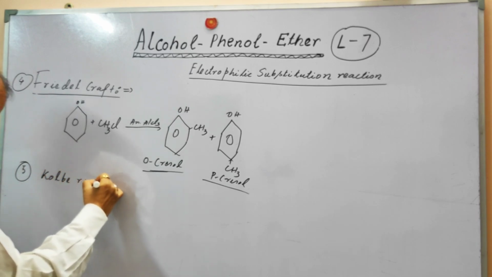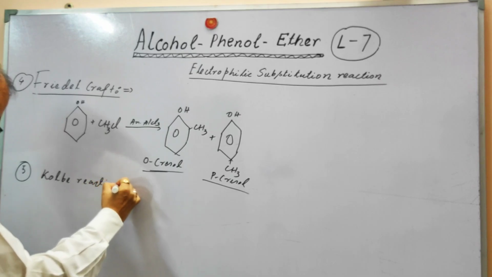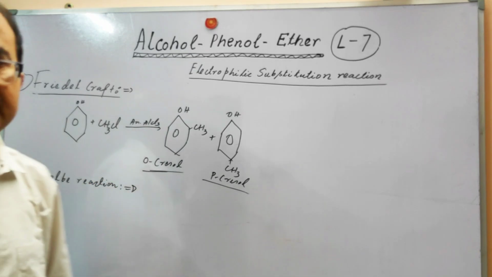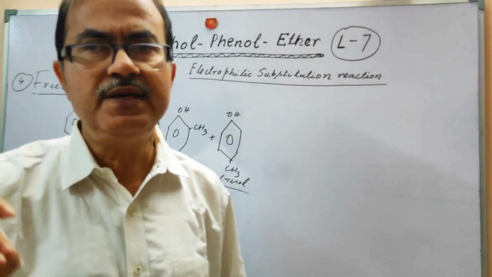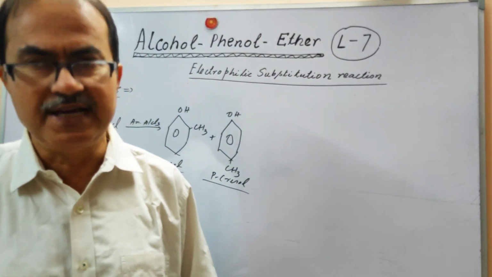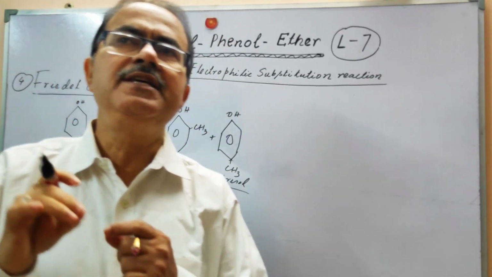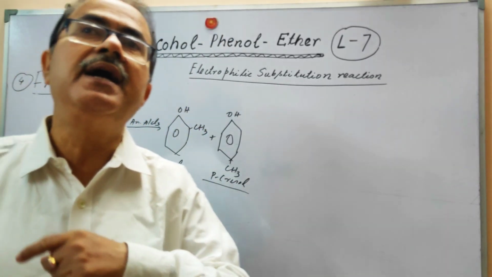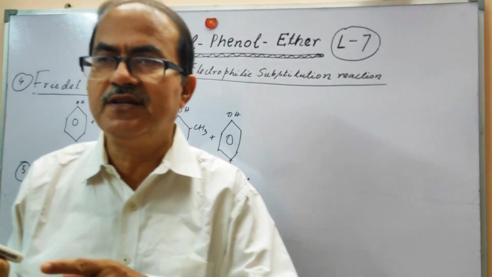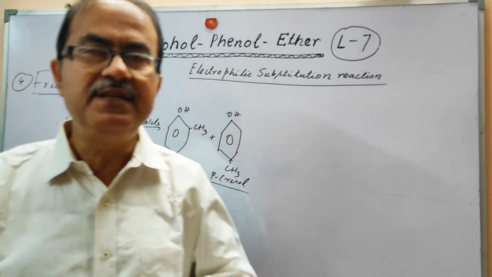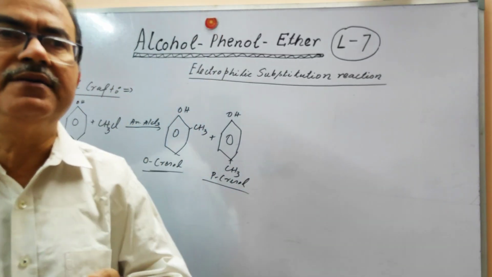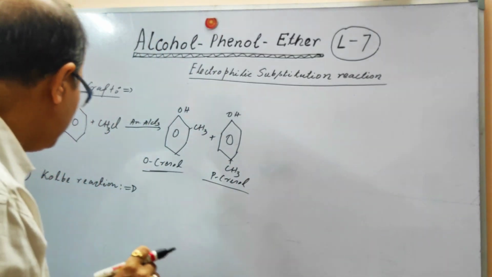In the Kolbe reaction, which is a very important reaction, we produce a very important organic compound called salicylic acid. Salicylic acid is a source of many other derivatives, which have a lot of applications in medicine, and we can use it in other applications also, which we will discuss.